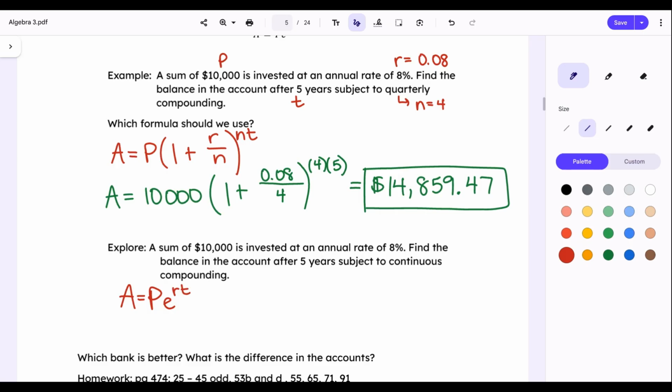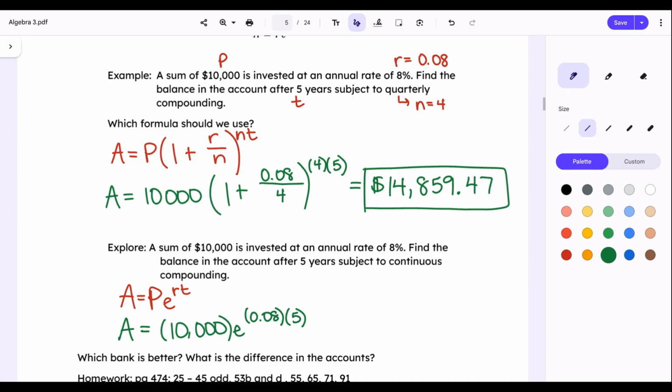All right, so let's plug this in. We still don't know what A is. That's what we're trying to find. What did we say P was? Good, that's still 10,000. Now, E is going to be raised to our rate, which is still what? Good, 0.08. And then T, how many years? 5. Very good. All right, now this is a little bit simpler in your calculator.